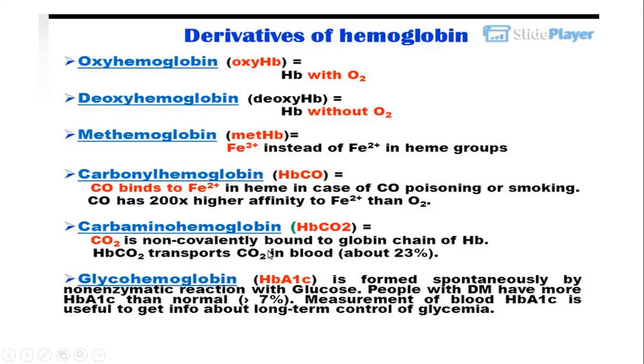And this is a hemoglobin that we actually use to check the level at which sugars are controlled in a diabetic. So patients with diabetes with high glucose levels would easily enhance or cause glycation of the hemoglobin with glucose.